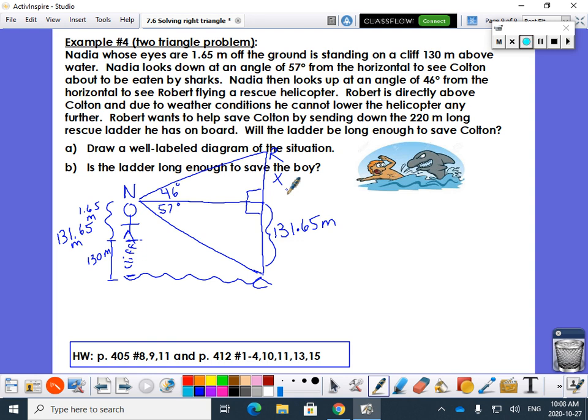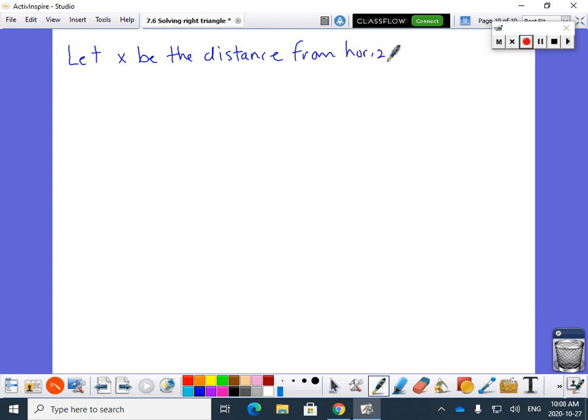So before we do that, we will make our let statements. So let x be the distance. Again, if you said length or height, I would never take marks off of that.